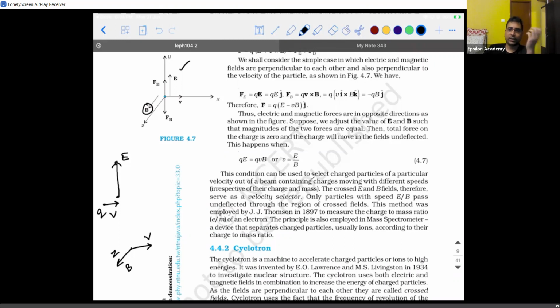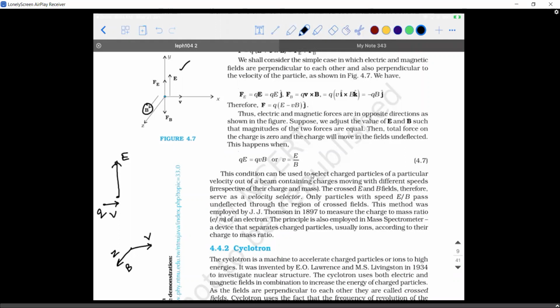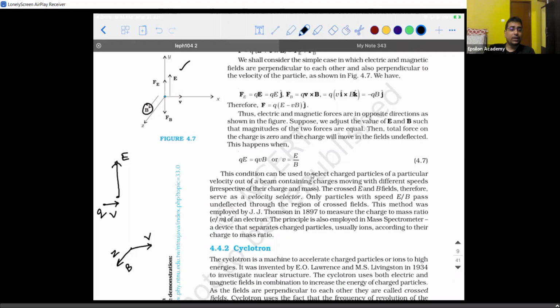I've told you guys many times, whenever you do a cross product between two vectors, what will be the direction of the resultant? It will be in the direction perpendicular to both the vectors for which you're doing the cross product.